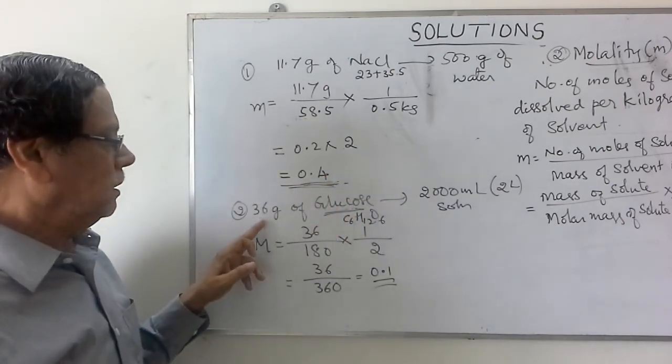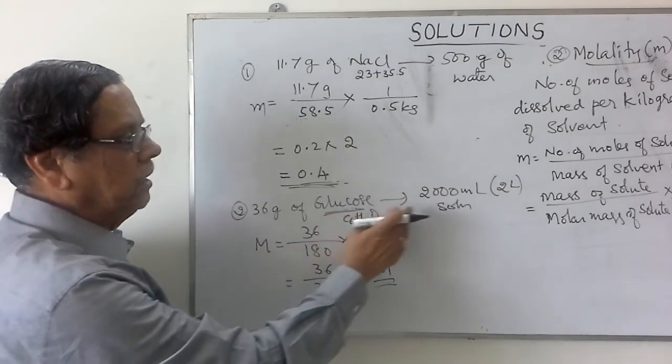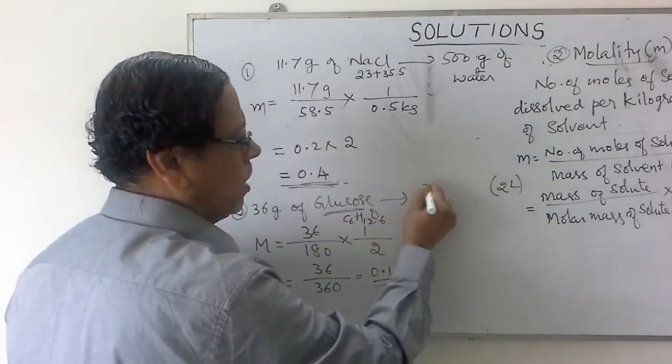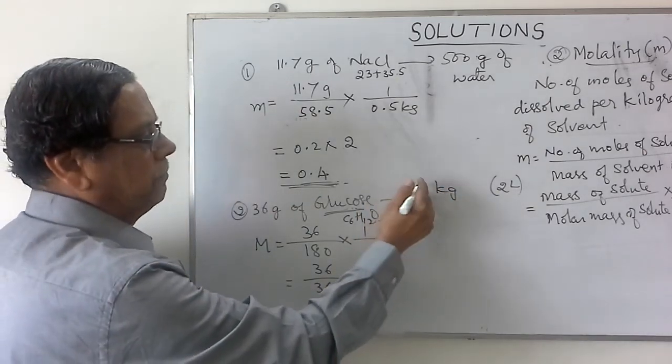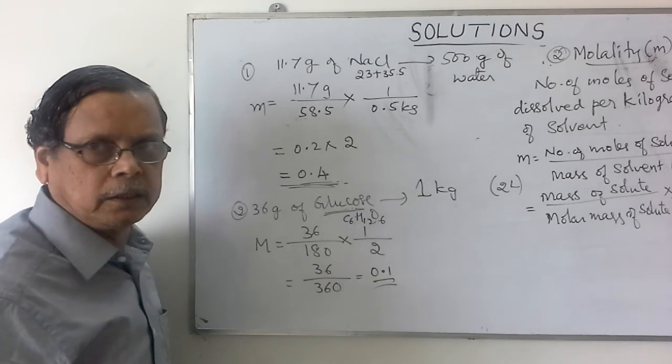Now if you are given the same 36 grams of glucose dissolved in, let me take a little bit different example, 1 kg of water.